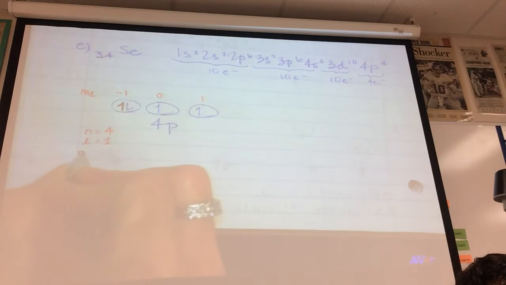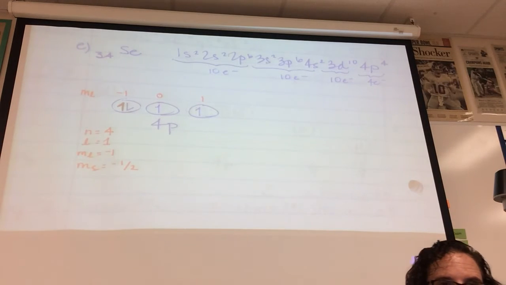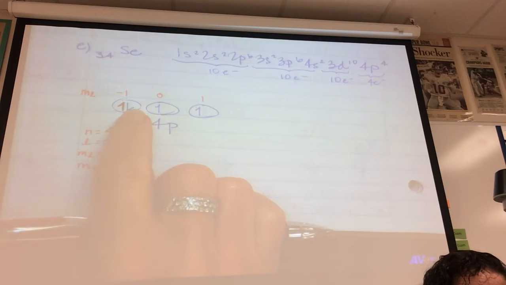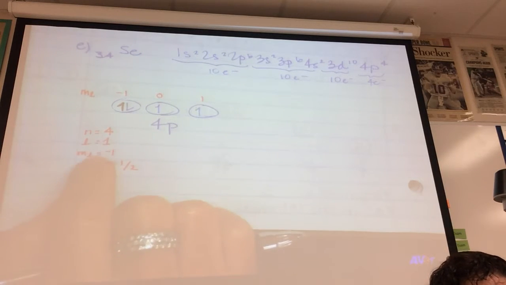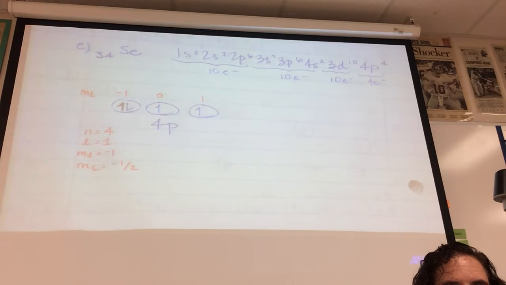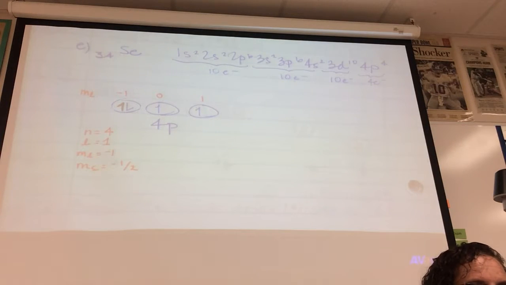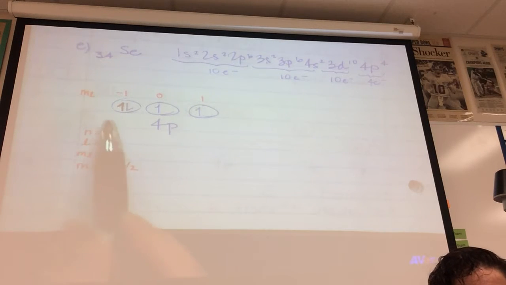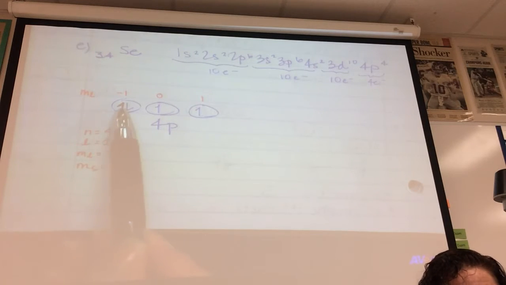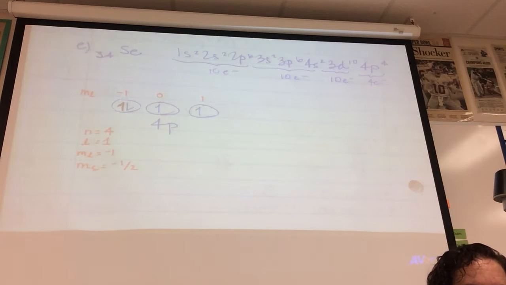So this would have an M sub L of -1, and its M sub S would be -0.5. This electron has the same N, the same L, the same M sub L, but a different M sub S. So no 2 electrons have the same 4 quantum numbers. And again, you should be able to get the N and the L with ease, but figuring out all the quantum numbers for an electron is above the scope of the course, but it's interesting.